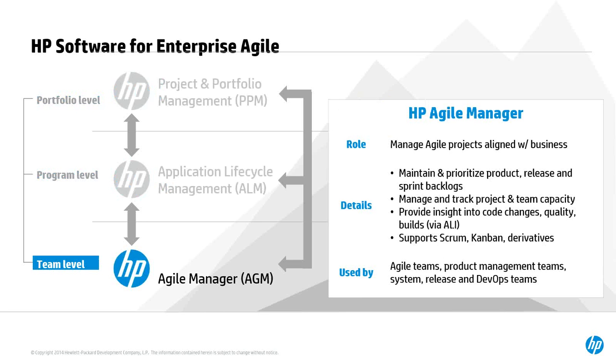It's designed to manage Agile projects aligned with the business. It's used by the Agile teams, product development teams, and your DevOps teams to make sure that they've got the latest build, that the tests have been run, that the requirements have been met, and putting stuff out there into production. And it will support Scrum, Kanban, even Scrumban, and other derivatives. Next slide, Ty.